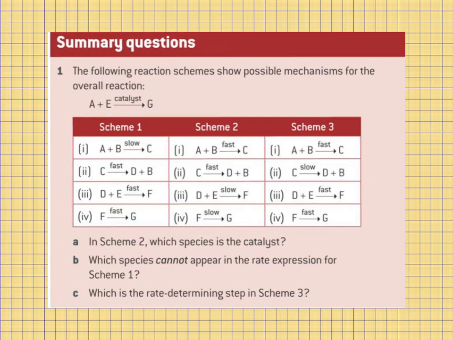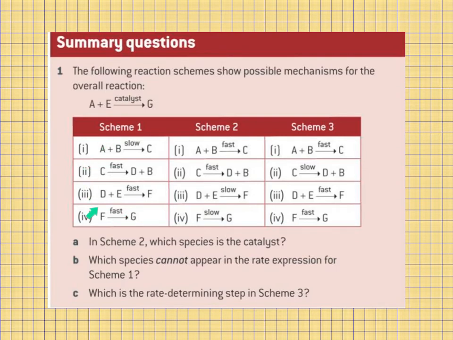It's quickly followed by C, this intermediate here, quickly decomposing into 2 other species, D plus B. D then collides with another of the reactants, E, so it uses up that reactant to form this intermediate F, and F quickly decomposes into G.